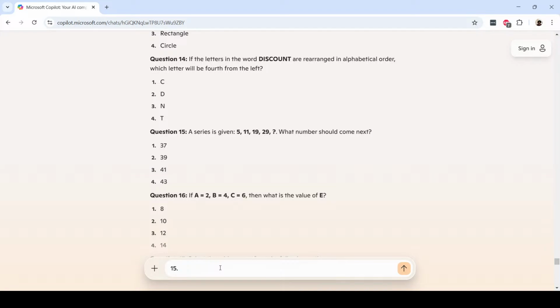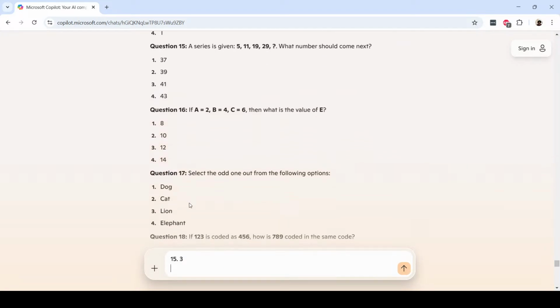So 15 is 3. If A is this, then what is the value of E? Okay, so it's like a 2 to 2, right? So 1, 2, 3, 4, 5. E is the fifth, so 10. It's simple.